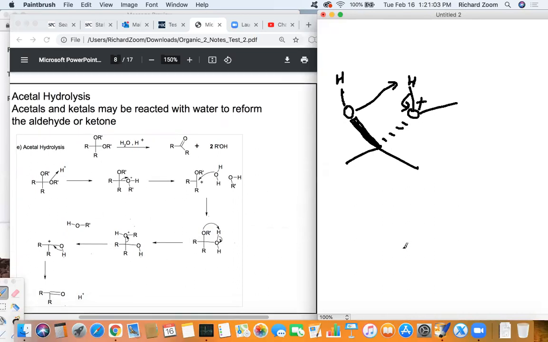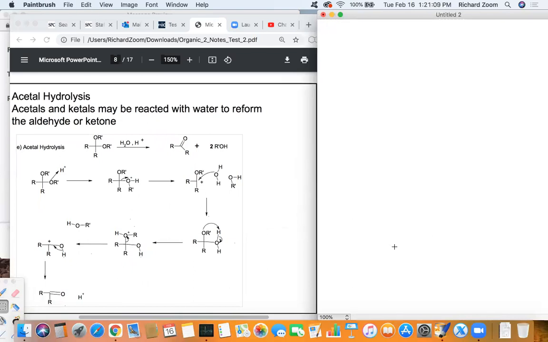The other thing that we can do is go in the reverse direction as well. We can hydrolyze an acetal.